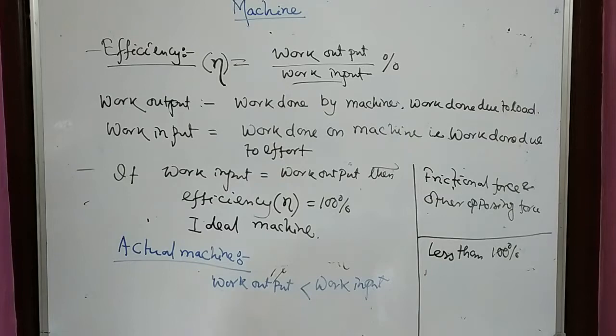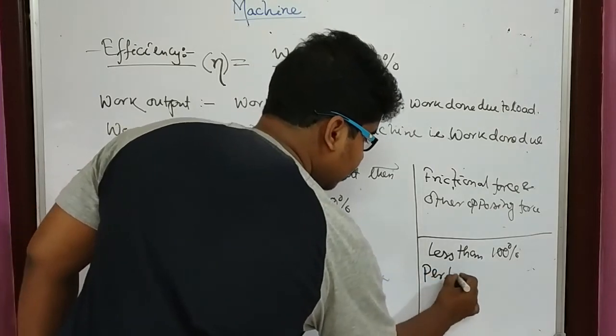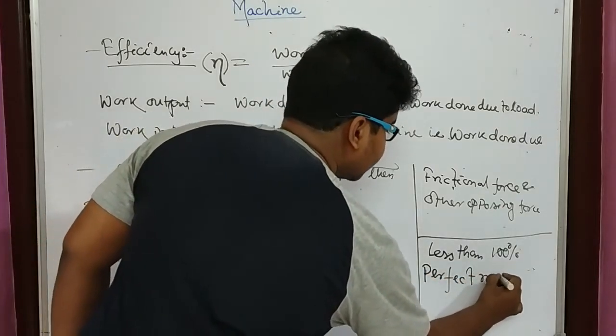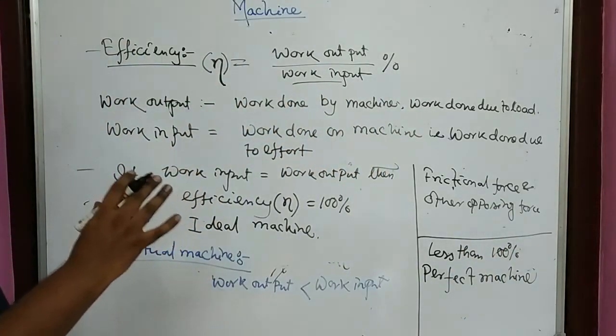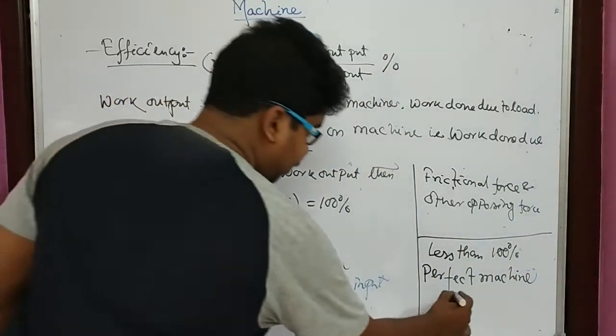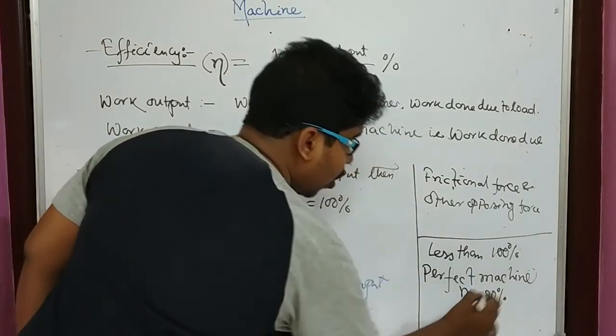From here one concept has come. Which machine is known as a perfect machine? A perfect machine is such a machine whose efficiency is 80% or more.